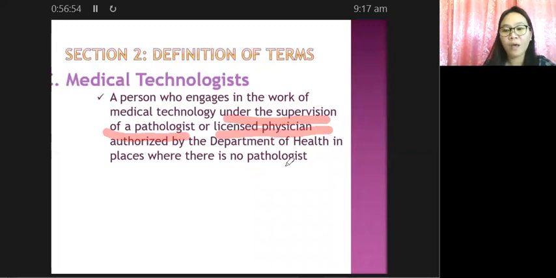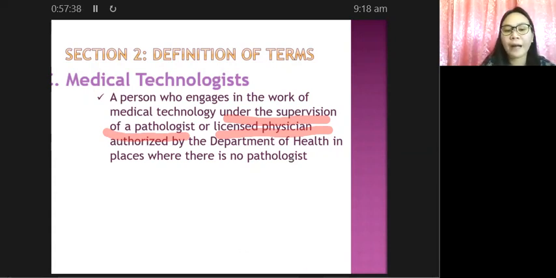No, still no. Because remember, a pathologist is a physician with training in pathology. But if you are a physician and you want to head or manage a laboratory, you may get a certification or a license from the Department of Health in order to do so. But even if you have that license or authorization from the DOH, you are still not referred to as a pathologist. If you want to be a pathologist, you have to undergo the proper training that is required.